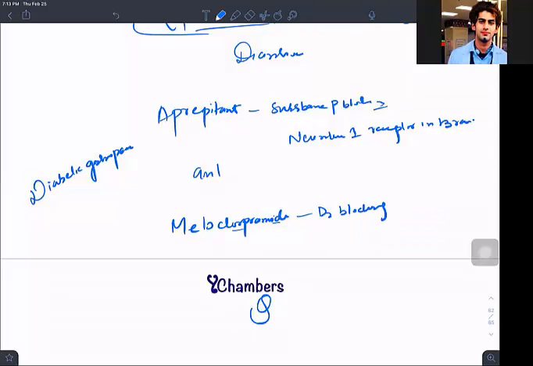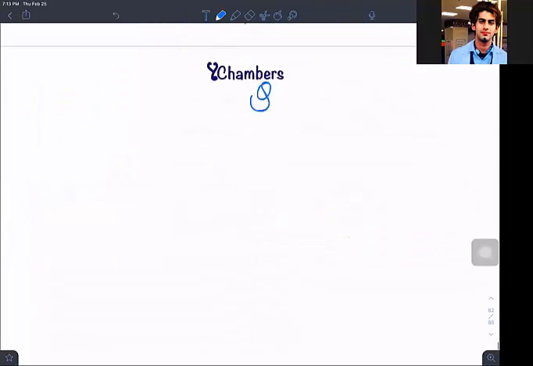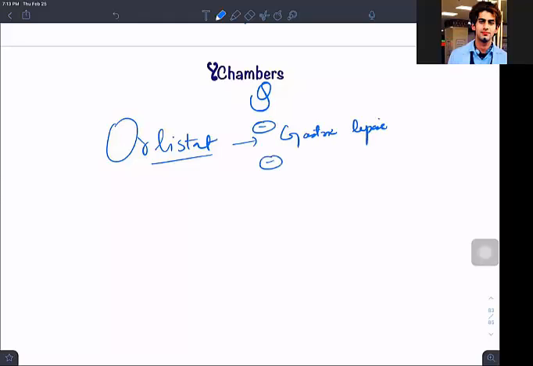Okay. Can you tell me something about orlistat? What is orlistat? It is basically an enzyme inhibitor. Which enzyme inhibitor? Gastric lipase inhibitor. Also, what does it inhibit? Pancreatic lipase.